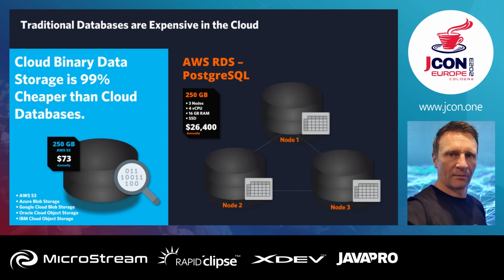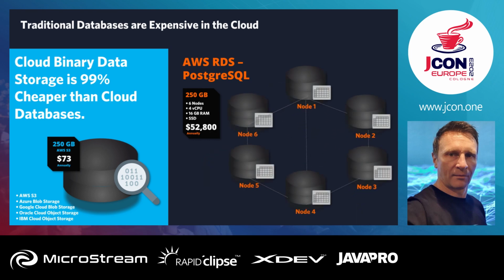If you need more replicas, so if you want to distribute your database or you want high availability, then you need more nodes, and the price will double or triple. For instance, for 6 nodes, you will pay around $50,000 annually for a 250 gigabyte database. We do not talk about license fees, so it's only for the infrastructure.